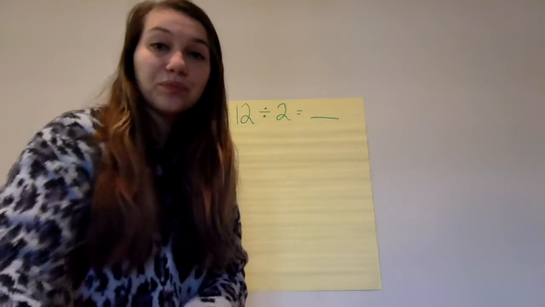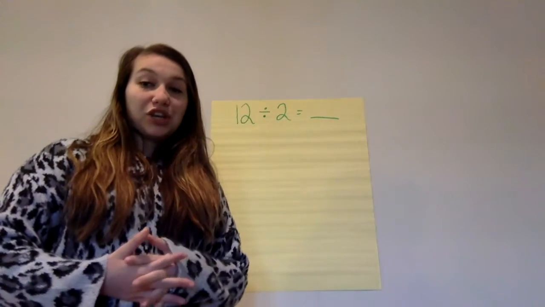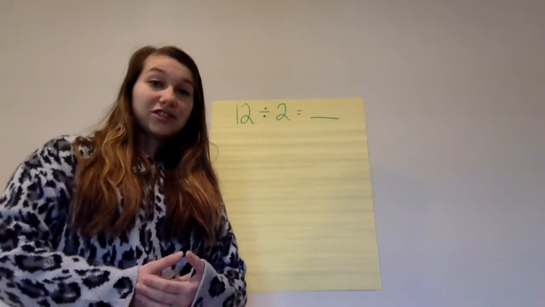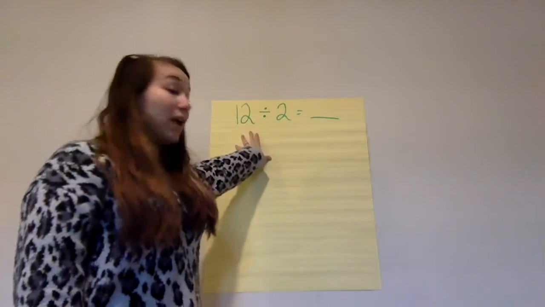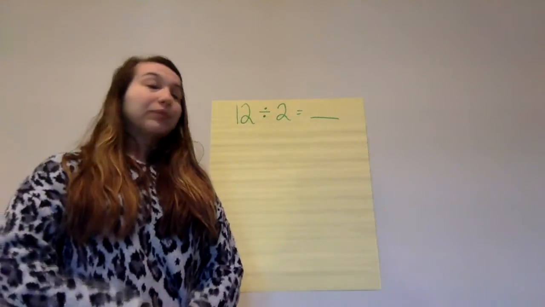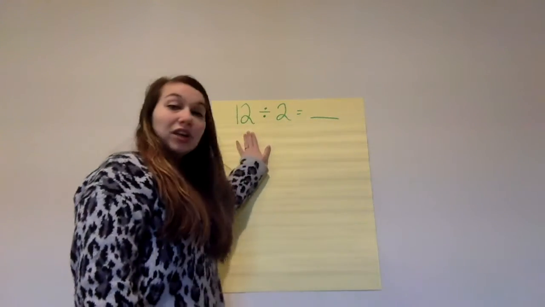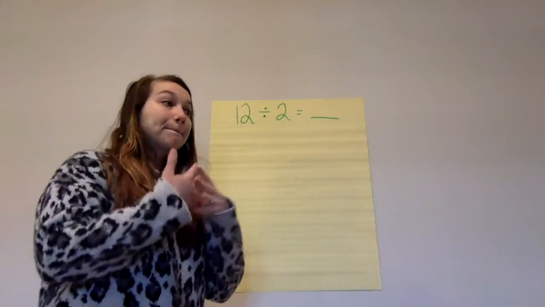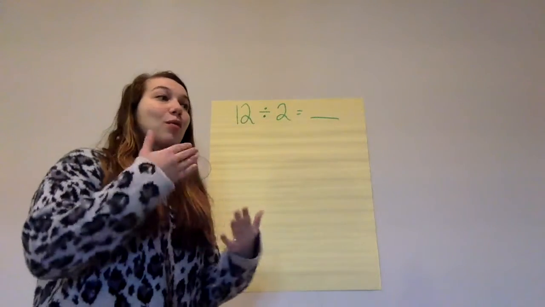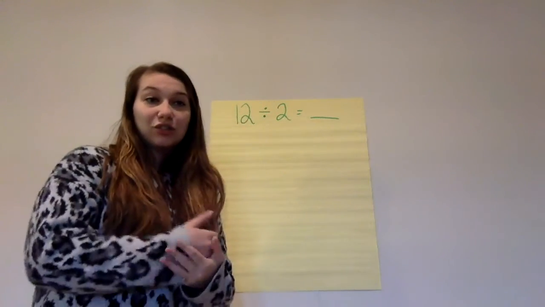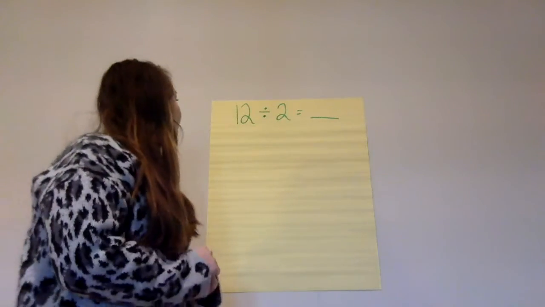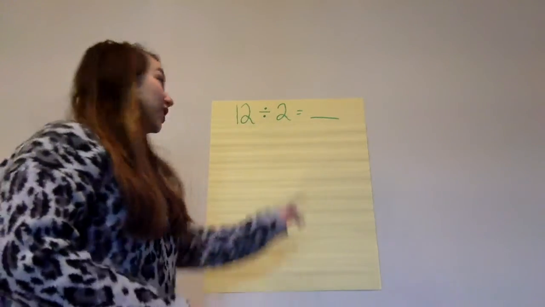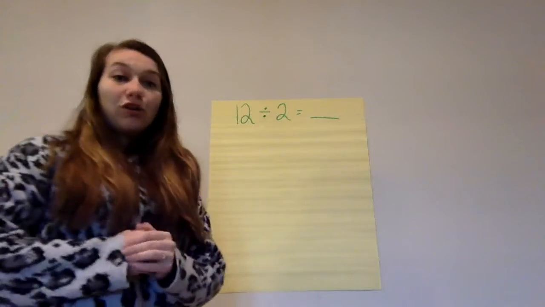So the first thing I want to show you is how we can draw a picture to solve 12 divided by 2. So let's look at our equation and try to figure out what is our big number, or how many total cookies do we start with? Very good. 12 total cookies.